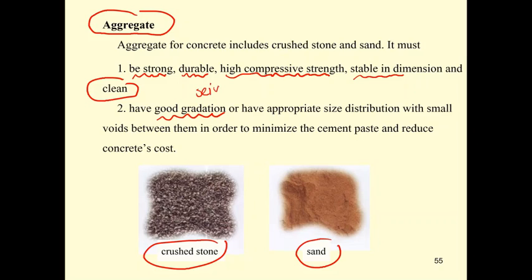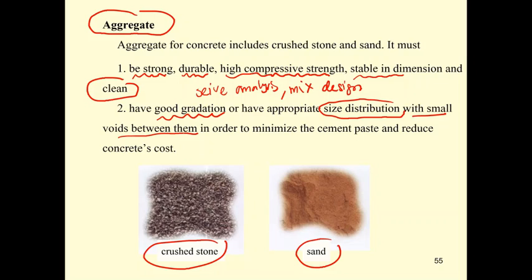Okay, you're going to do the sieve analysis in concrete technology, and then you need to use the mix design to get a proper gradation. It's going to have the size of aggregate from the big to the small one, distributed properly with small void between them.